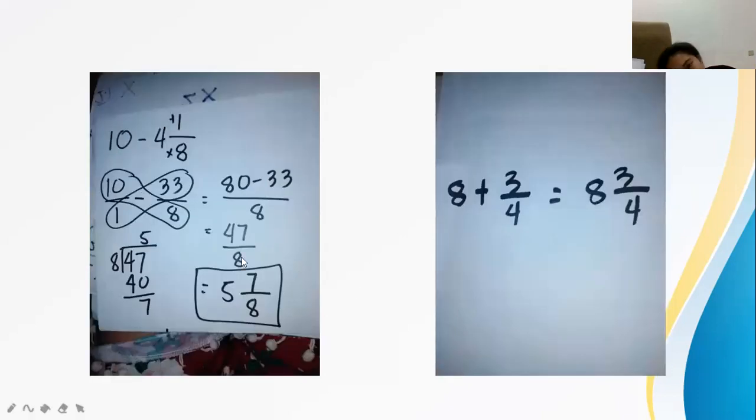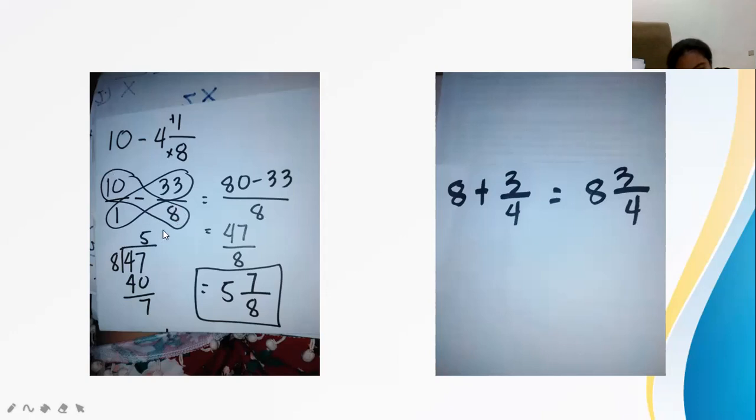Next example. What if we have here 10 minus 4 and 1/8? So 10 minus 4 and 1/8. We write 10 over 1, since it is understood that the denominator is 1. Then minus, we turn the mixed number into an improper fraction. So we have 8 times 4 is 32 plus 1 is 33 over 8.